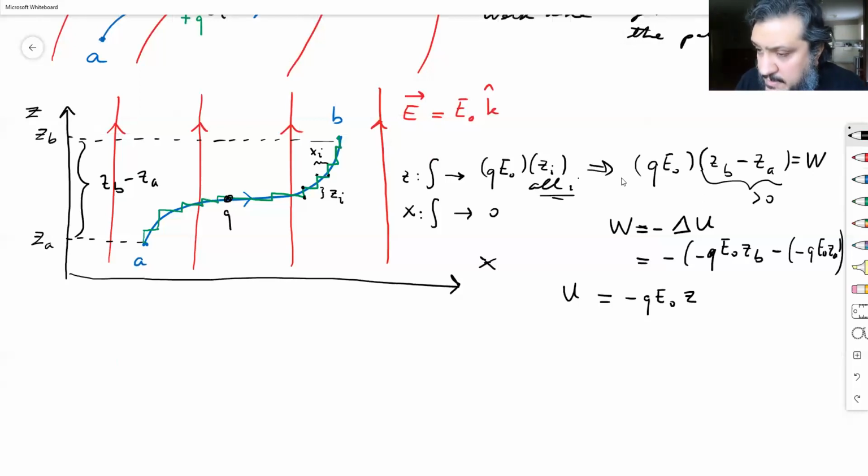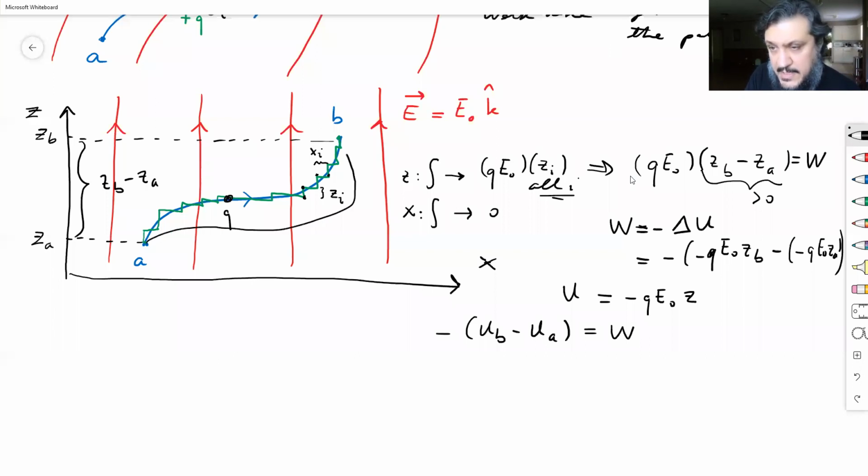So negative UB minus UA would be equal to work. And the path does not really matter. You could simply take this path here, and you would end up with the same amount of travel in the z direction. That wouldn't make any difference.